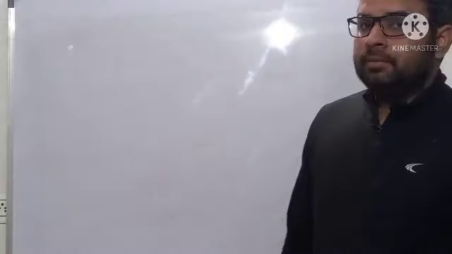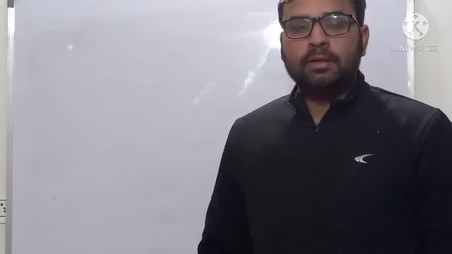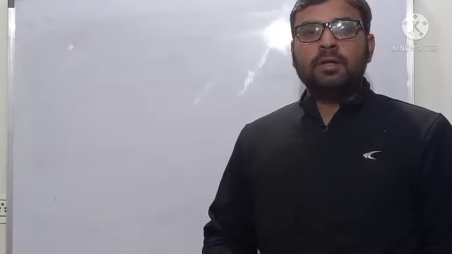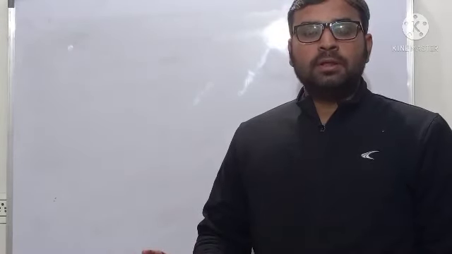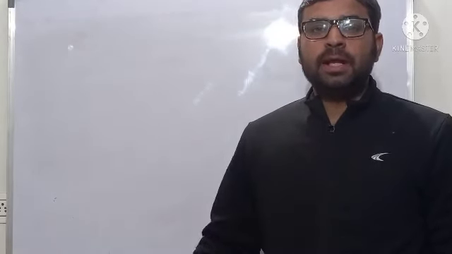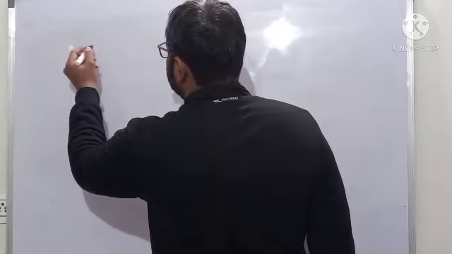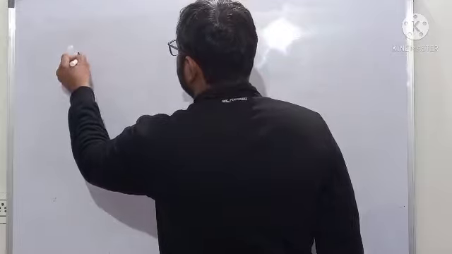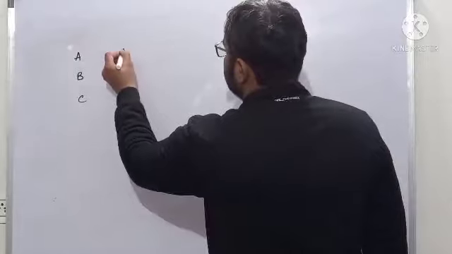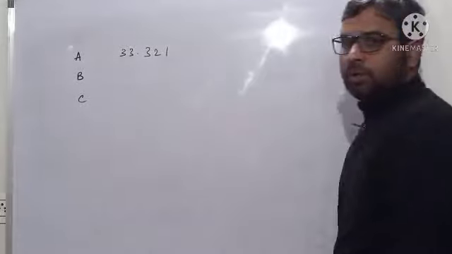Now comes the question: what happens when two physical quantities are added, subtracted, multiplied or divided if they have different significant numbers and are measured up to different decimal places? So we will start from one example. We have three physical quantities A, B and C. A has a measured value of 33.321.